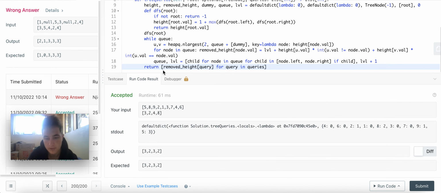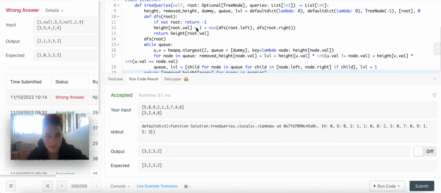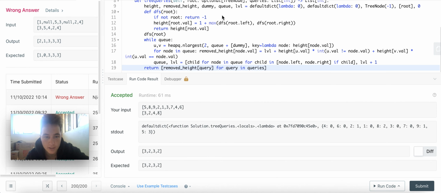All right, so I messed up somewhere. What's going on? Thinking that the height of the dummy might need to be -1.